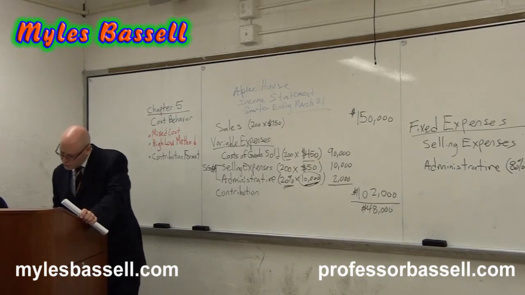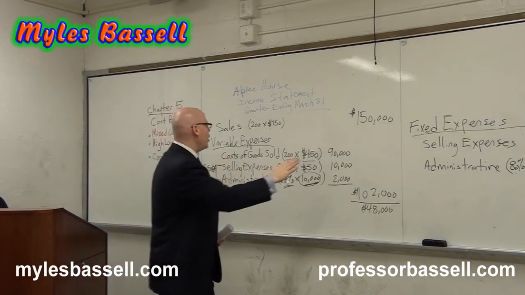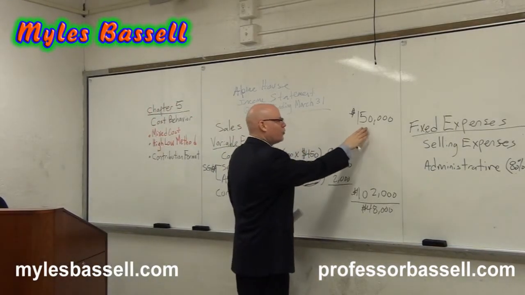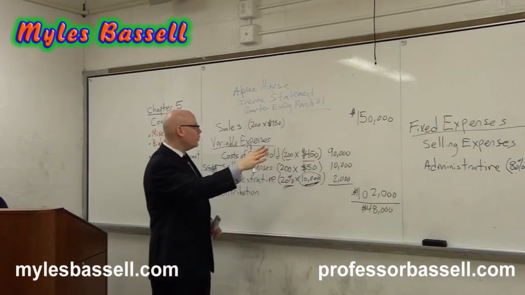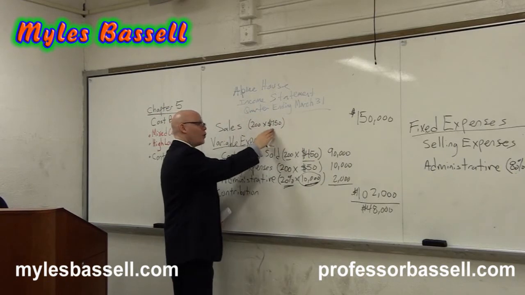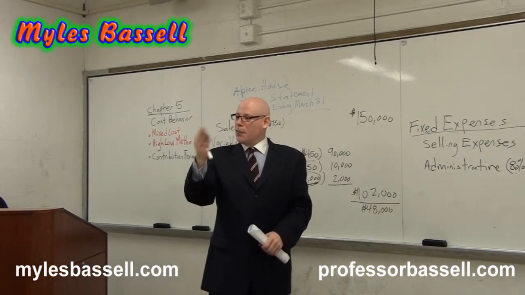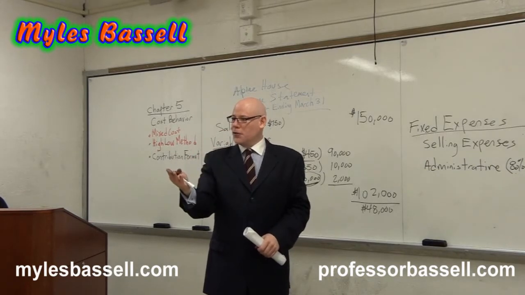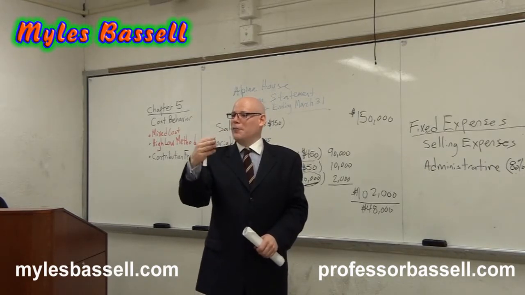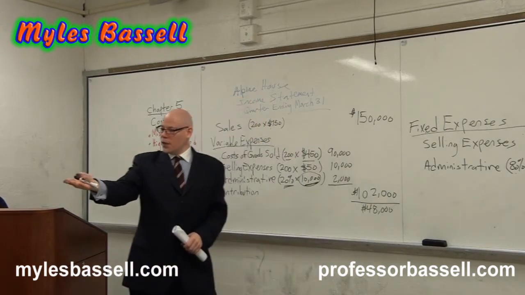All right, remember, they don't tell us the 200. That's a calculation we did. We said $150,000 was our total sales for the quarter, and each pair was sold for $750. So if each pair is sold for $750, how many pairs did we sell? 200. They don't give us the 200.